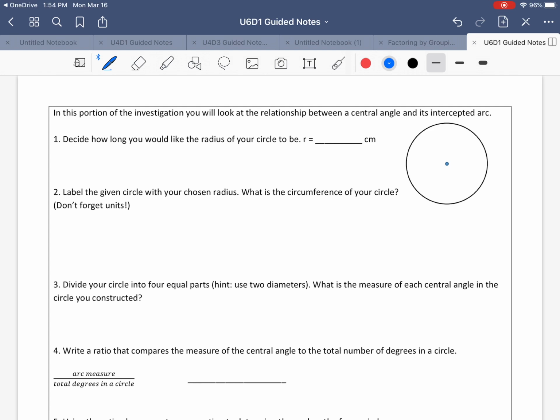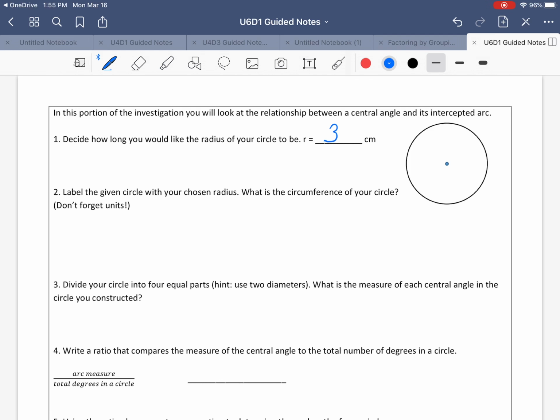Now here, the initial intention was for us to do this in class as an investigation. That becomes a little bit harder online, but we're gonna go through a scenario anyways. So I'm gonna go through this step by step using a radius of 3 centimeters. I want you to pick a different number.